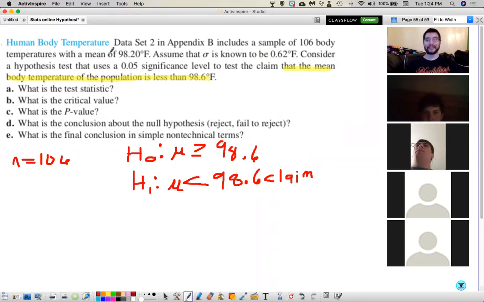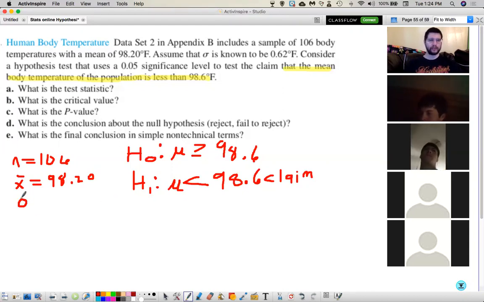The mean of that sample is 98.2. The mean of a sample is x bar. Remember, the mean of a population is mu, the mean of a sample is x bar. And I guess for significant figures' sake, we should put the 0 there.